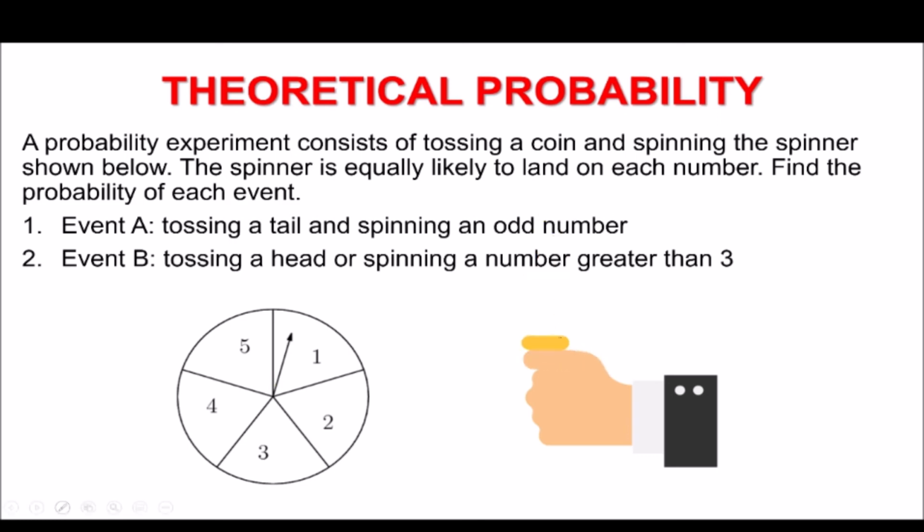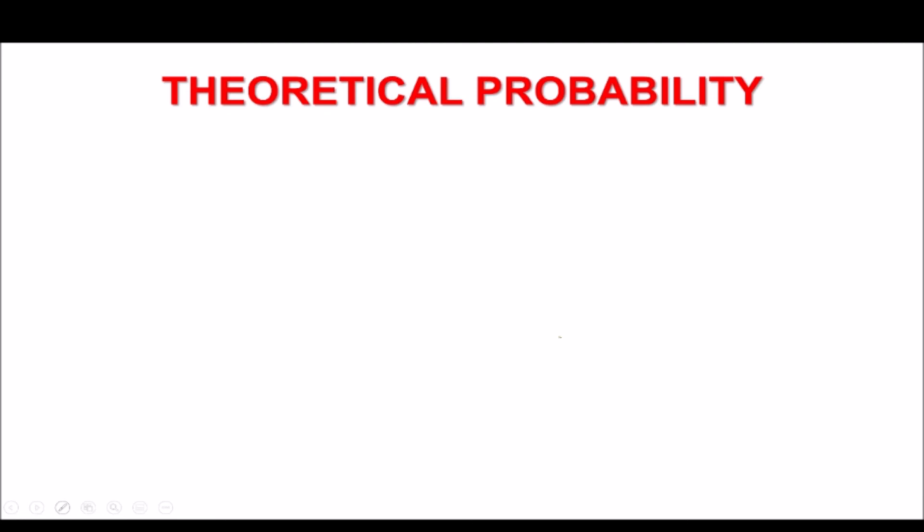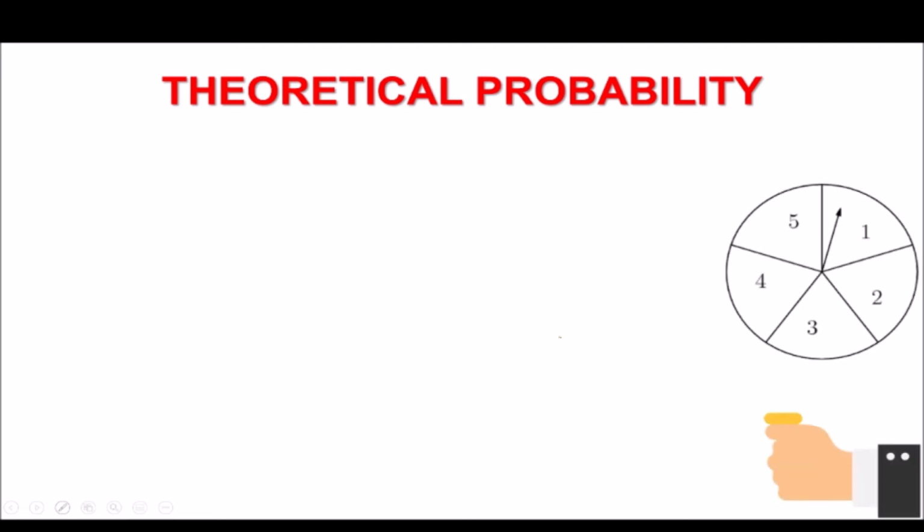So to identify the sample space, we can create a tree diagram. Let's draw a tree diagram. So this is the start. I will start with tossing a coin. What are the possible outcomes when you toss a coin? The possible outcomes are head or tails.